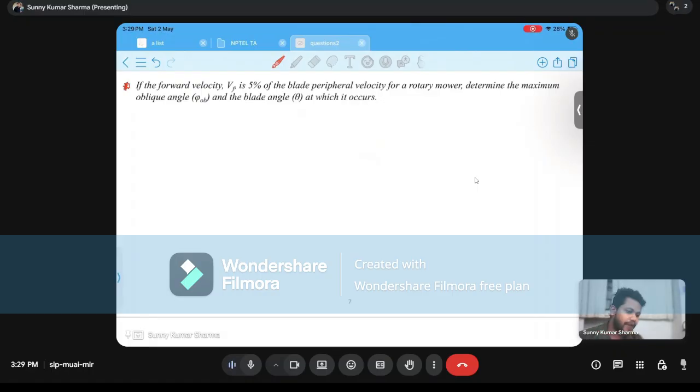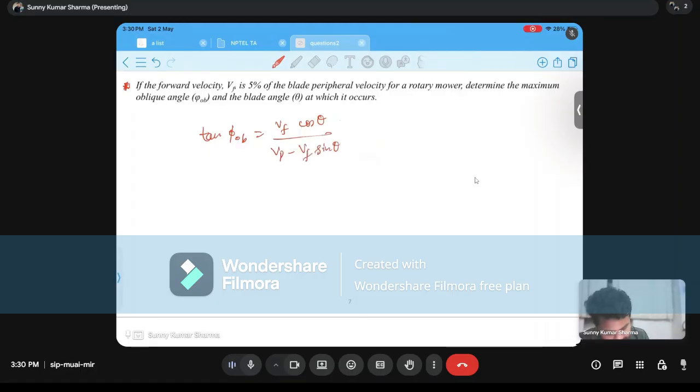So for this, we must know the relationship between this oblique angle and the blade angle, and also this forward velocity and peripheral velocity. So the equation which defines all these parameters is tan phi OB is equal to Vf cos theta by Vp minus Vf sin theta.